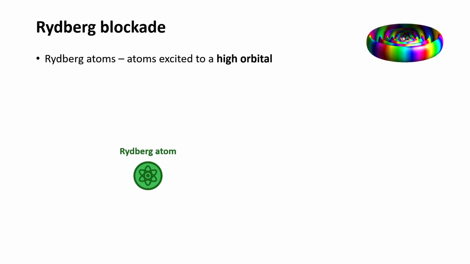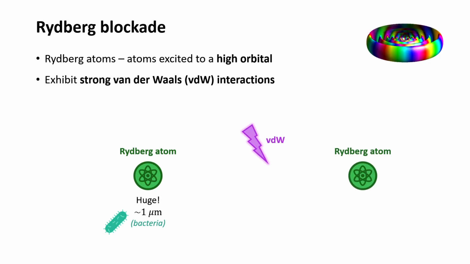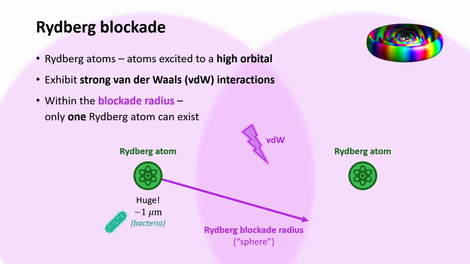We use Rydberg atoms, which are atoms that are excited to very high orbitals. It makes them very big, so a single atom can get to the size of 1 micrometer, which is the size of some bacteria. These atoms interact very strongly with each other through the van der Waals interaction. This allows us to define a radius called the Rydberg blockade radius around each atom.